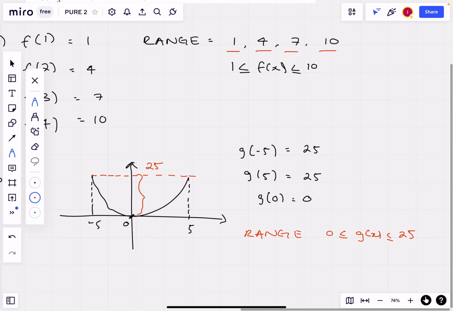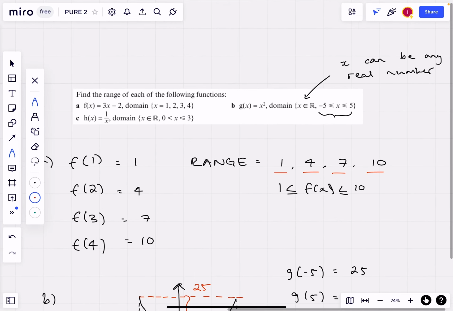Cool. Last one. h(x) equals 1 over x, where your domain is any real value of x within 0 and 3.